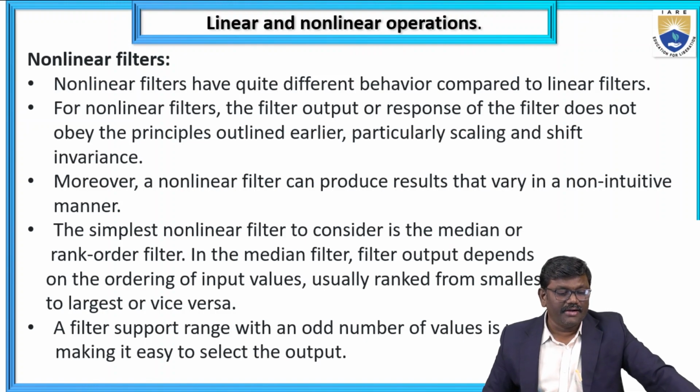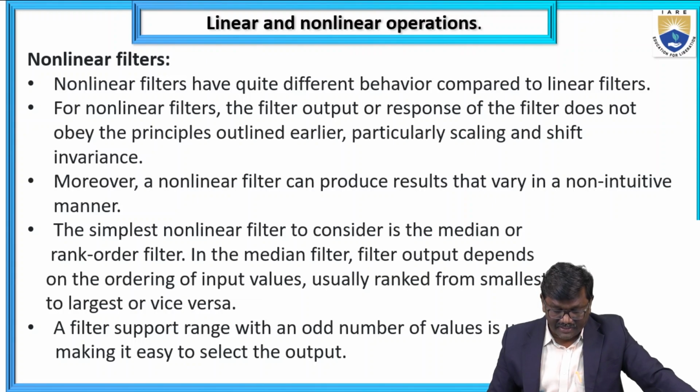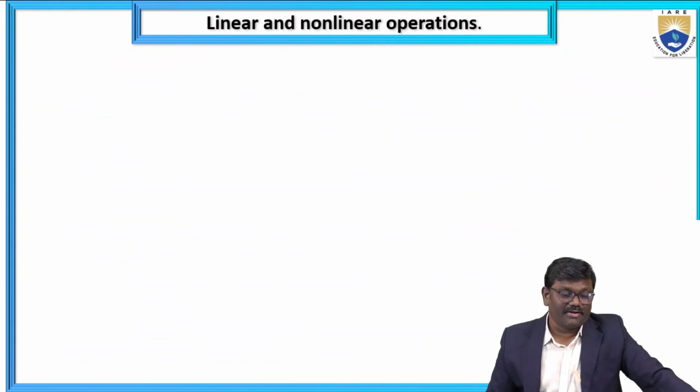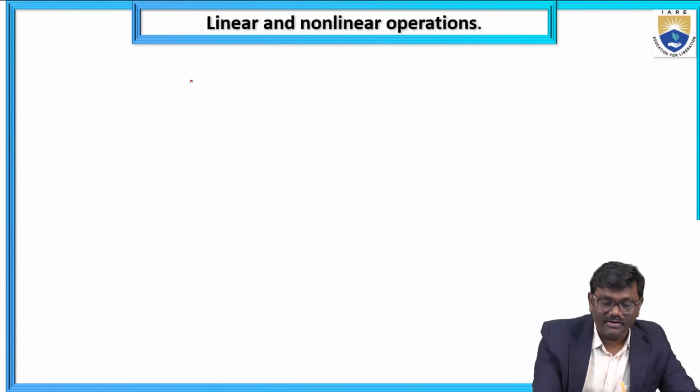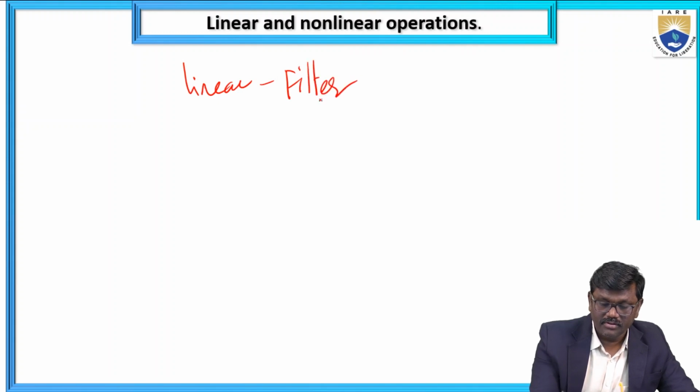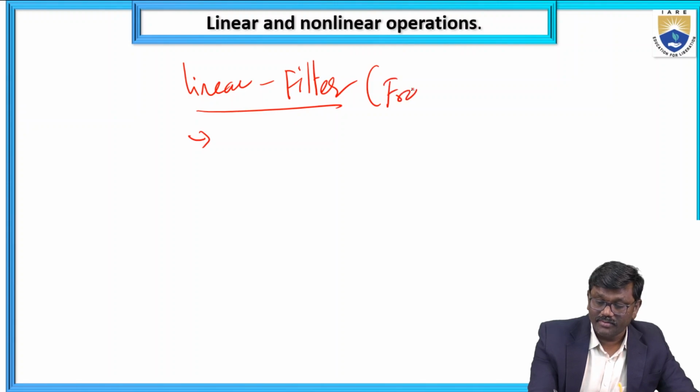Coming to the nonlinear filters, which we extend in order to understand the linear filtering process. What linear filtering processes are we using? We take them in the frequency domain.